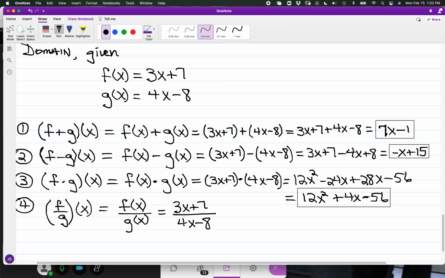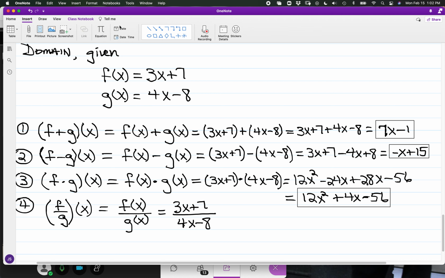The greatest common factor between the terms is only 1, but in terms of anything to factor that will be shared between the numerator and denominator, we don't have any such case. So just the substitution of 3x plus 7 into f of x and 4x minus 8 for g of x, that quotient function is already in simplest terms.